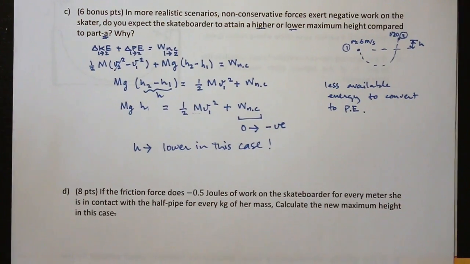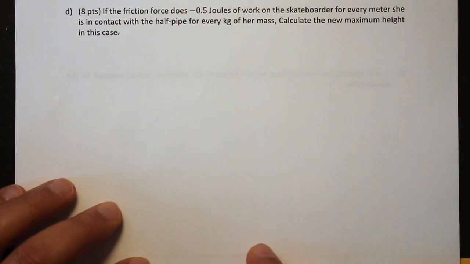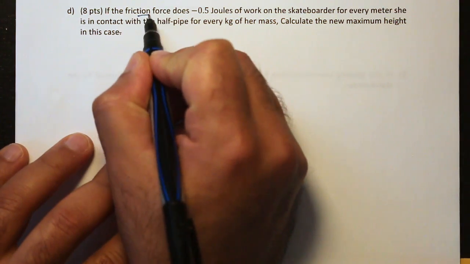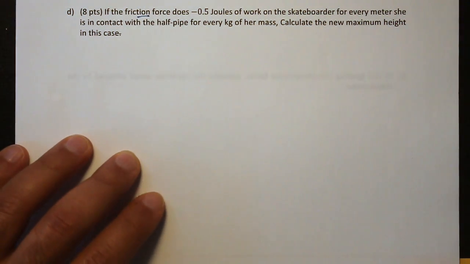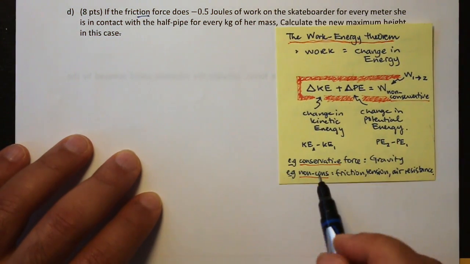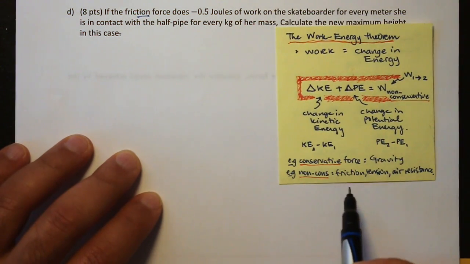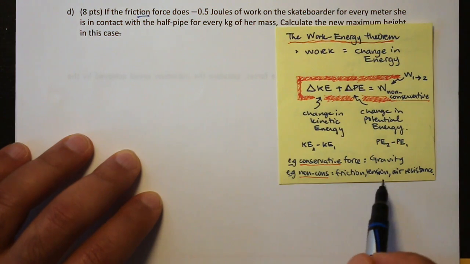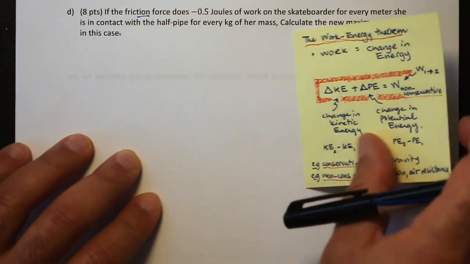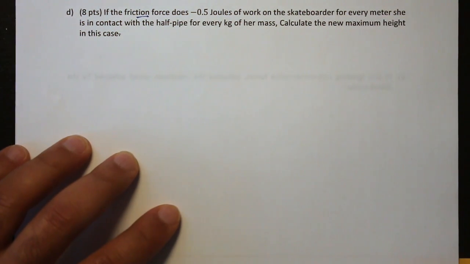So let's put in some numbers in part D, where it says if the friction force, which is a non-conservative force, we know, for example, that the forces that we know of that are non-conservative are friction force, tension, air resistance, the normal force.